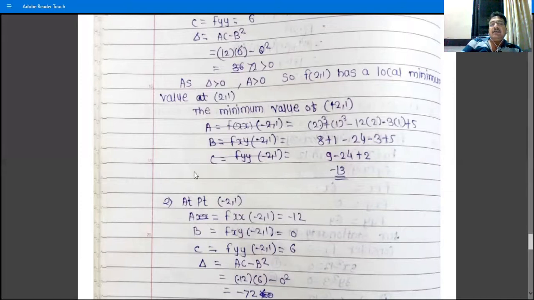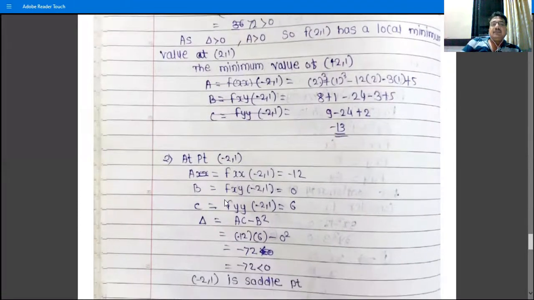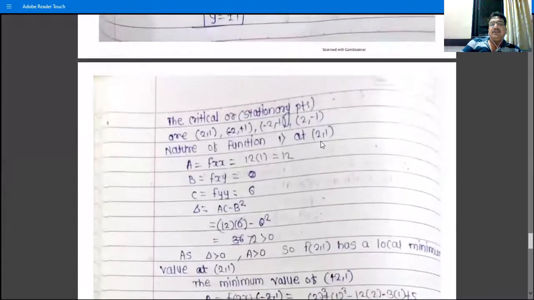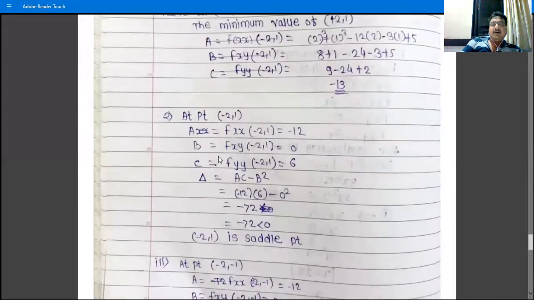Then the nature of the function number 2 at point minus 2 1.